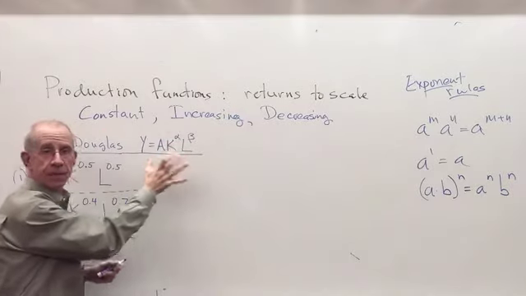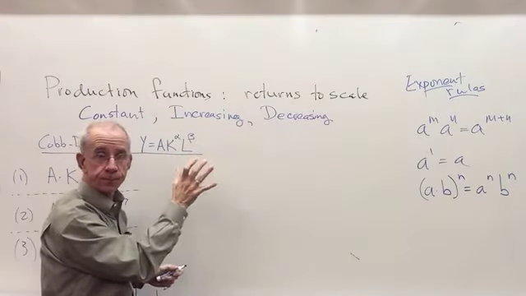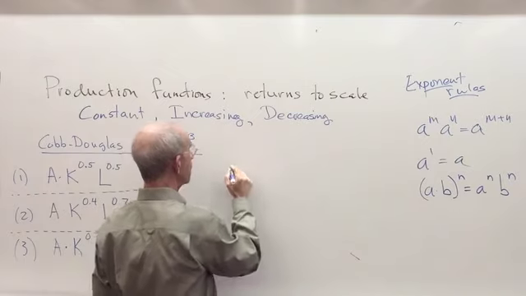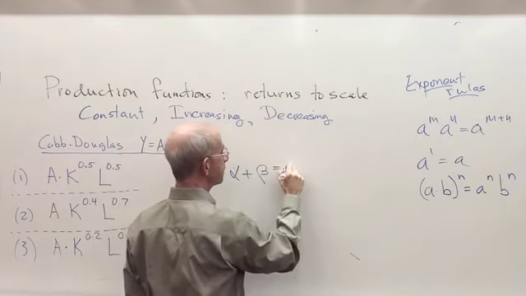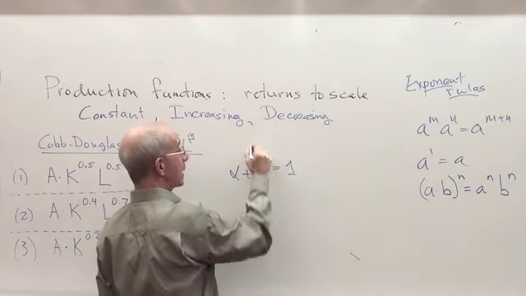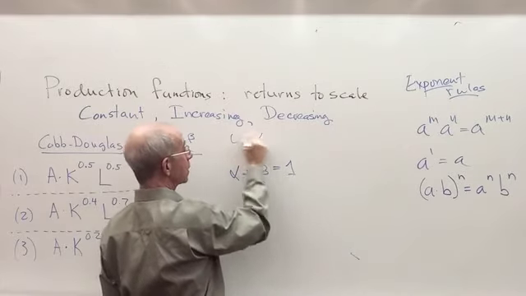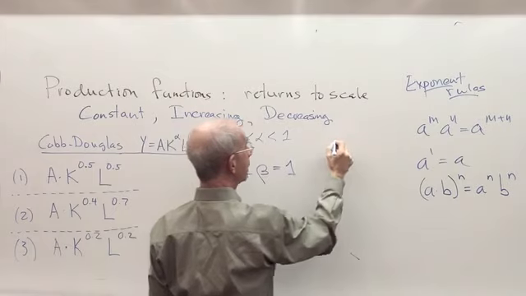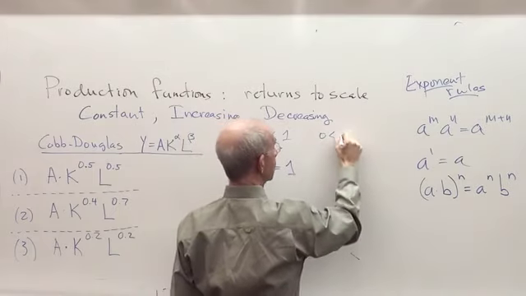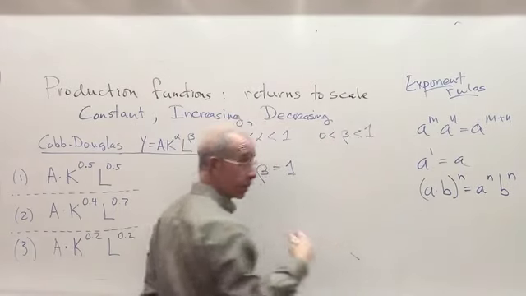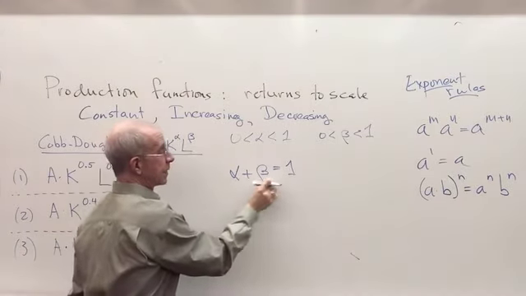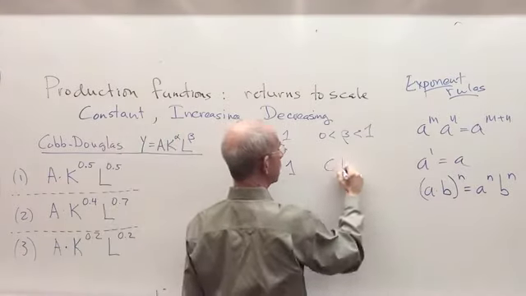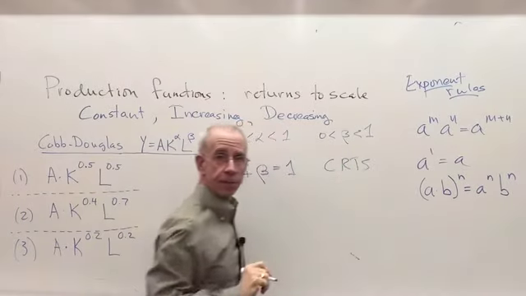The bottom line with this is the following. If we have a Cobb Douglas function of this form, you can show that if alpha plus beta is equal to 1, and I should say that alpha is always going to be between 0 and 1, beta is going to be between 0 and 1 in anything that you might do, if alpha plus beta is equal to 1, constant returns to scale.